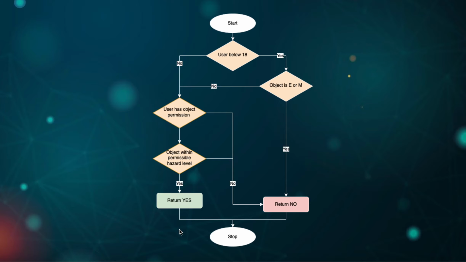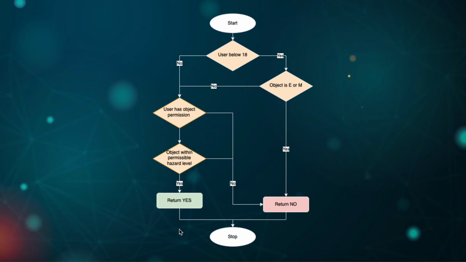Let us look at the first module. In the first module, it first checks if the user is below 18. If the user is below 18, the object should not be something that has explicit content or high monetary value.